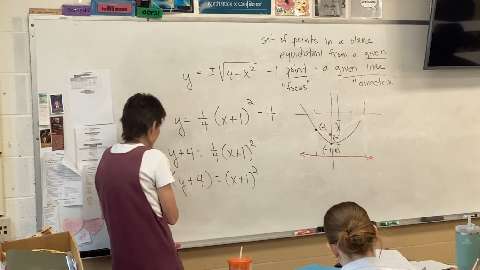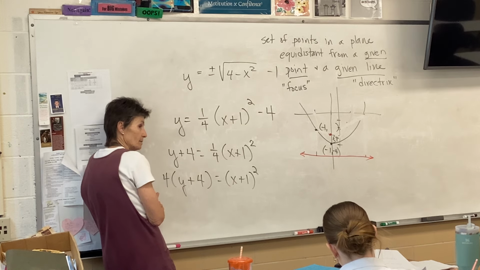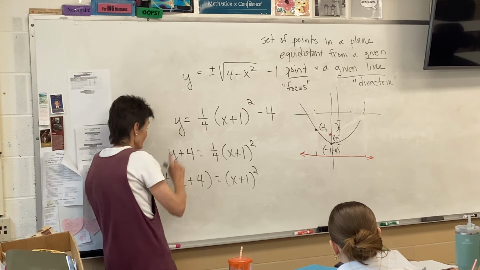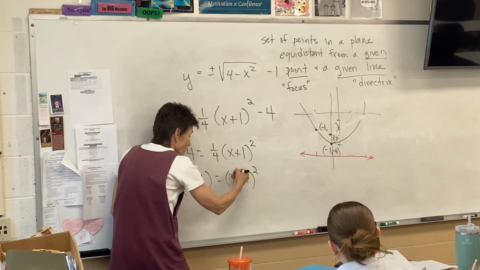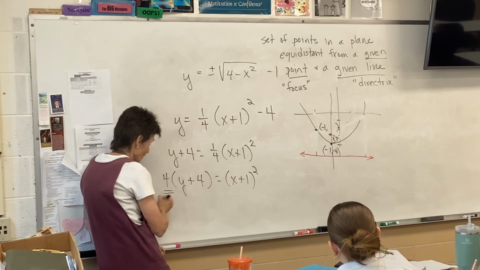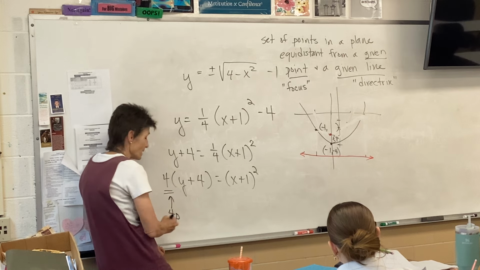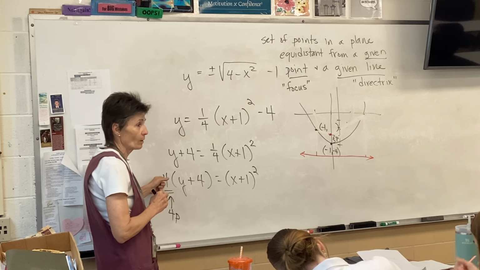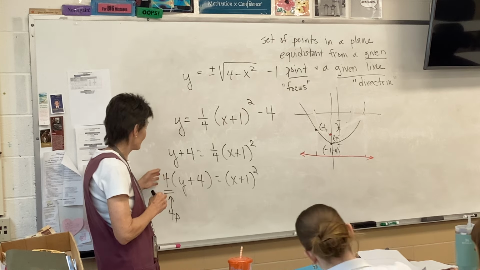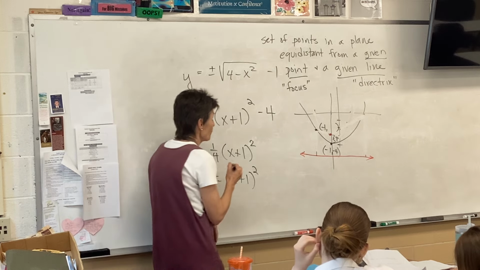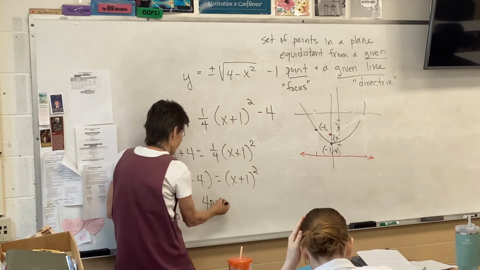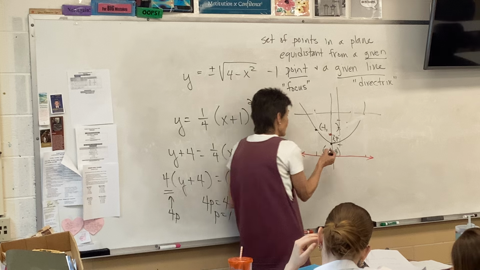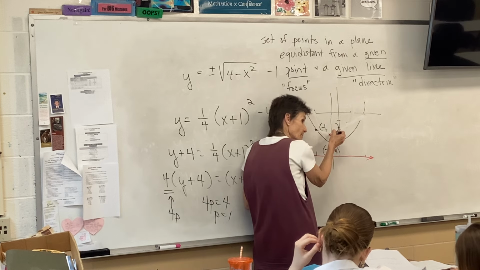In every equation of every parabola, once you get it in this form, it doesn't work in that form, you have to be in this form, where your squared term is by itself, this coefficient is always 4p. That number, whether it's 8 or a half or 37, doesn't matter, it's always 4p. So if 4p is 4, then p is 1, and you are going to go up 1 for your focus.